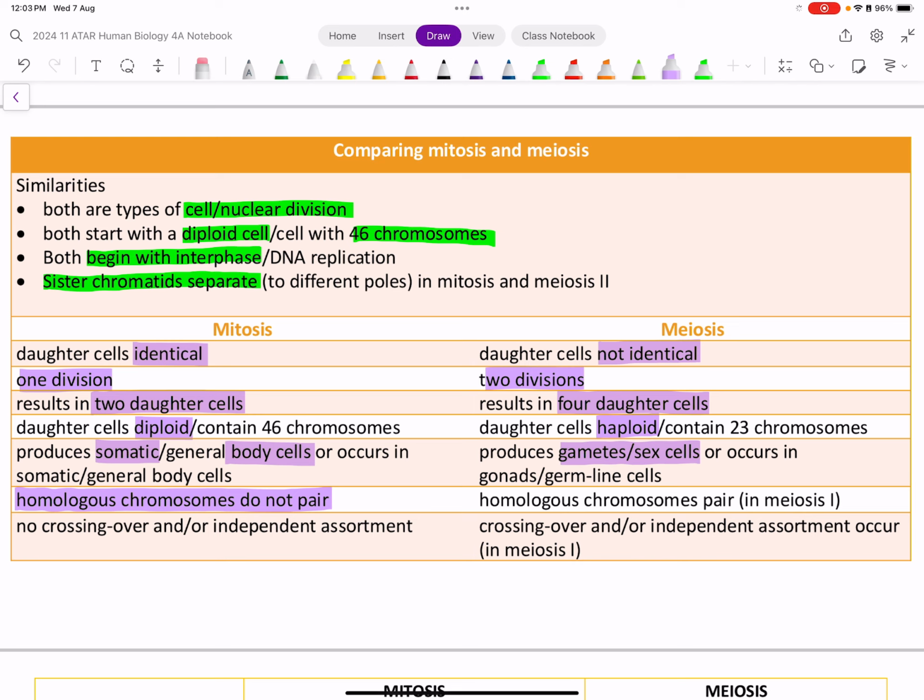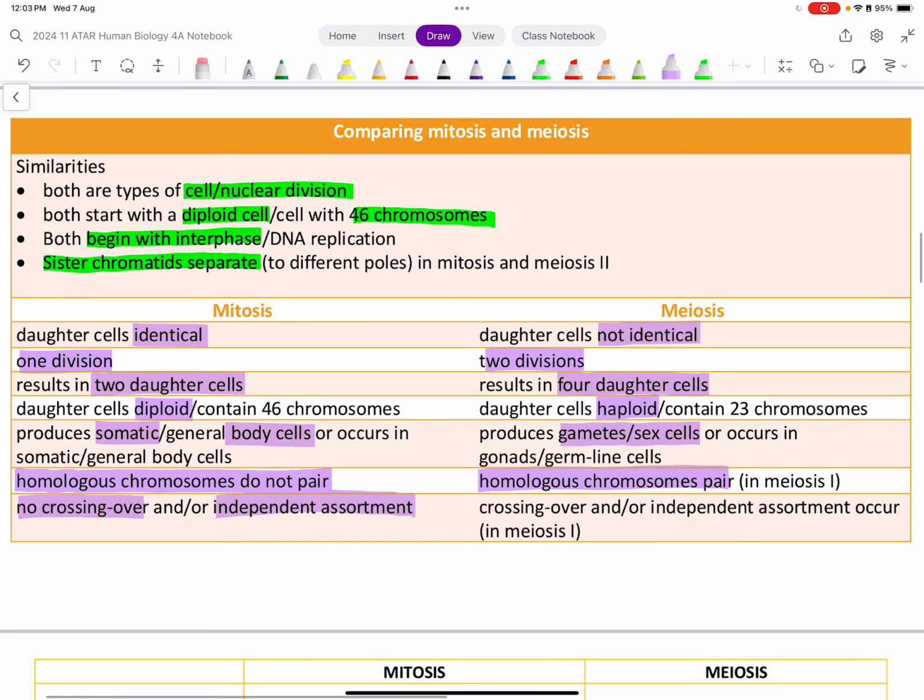However, in the first division, our homologous chromosomes do pair together in meiosis 1. In mitosis, we do not want genetic variation, and as a consequence, there is no crossing over, there is no independent assortment. However, we do get these processes when we look at meiosis.